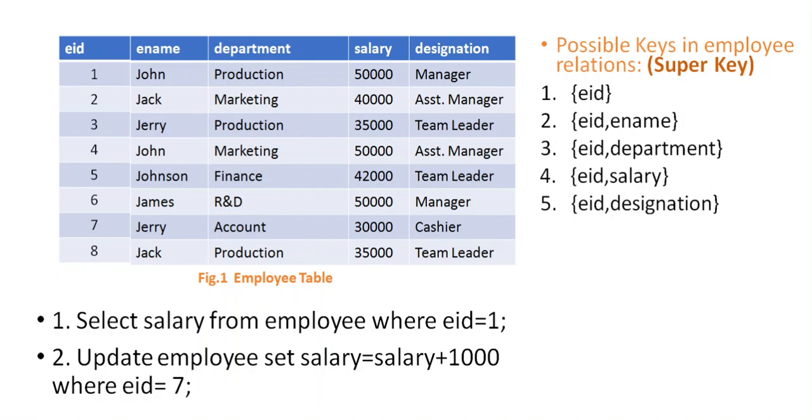So from this we can conclude that whenever we combine a key attribute with any other attribute in a table, then that set will become a key itself. Okay, means here employee ID is our key, and when you combine that employee ID with any other attribute in your table, then that set will become a key. Okay, now let's see what are the other keys.